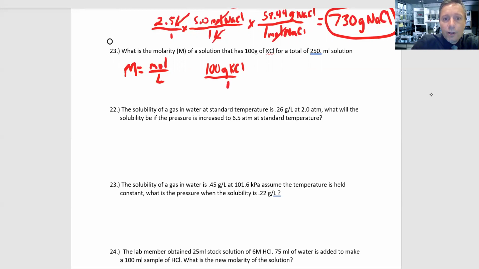I'm going to go to moles right away. So 1 mole of KCl is, and I've got to get my periodic table again. So I know Cl is 35.45 plus potassium is 39.10, which is 74.55 grams.